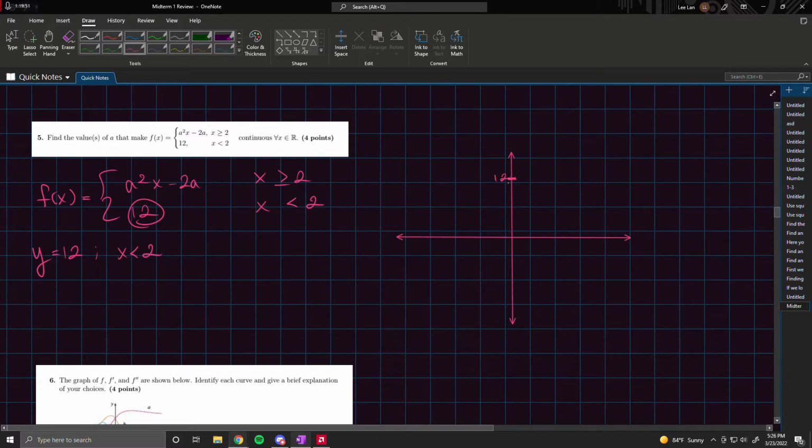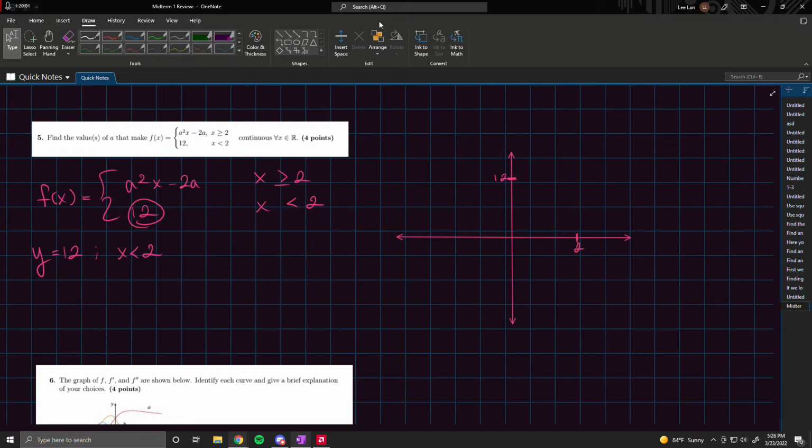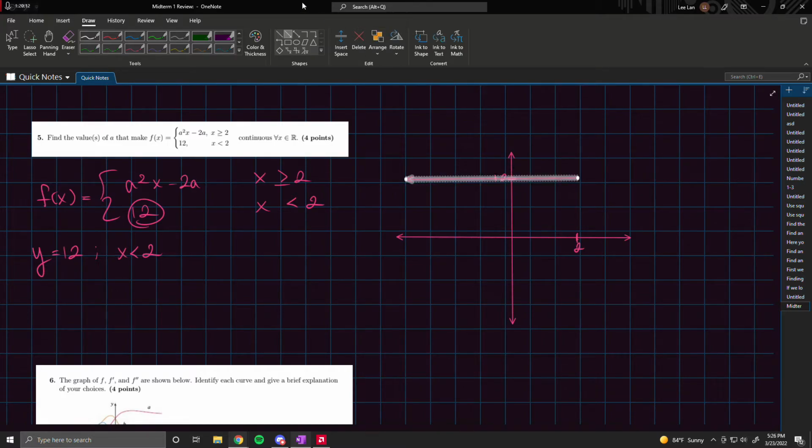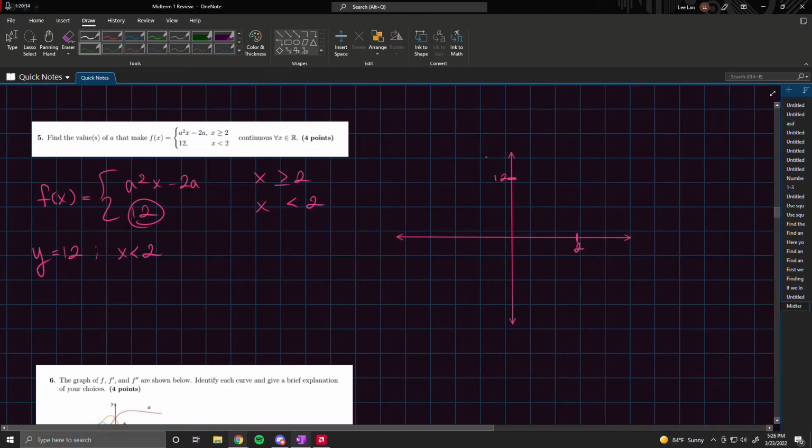So y equals 12, right? So 12's here. And then x is less than 2. So let's say 2 is right here. What does y equals 12 look like? Well, y equals 12 will look like this. I should probably use a different color line.